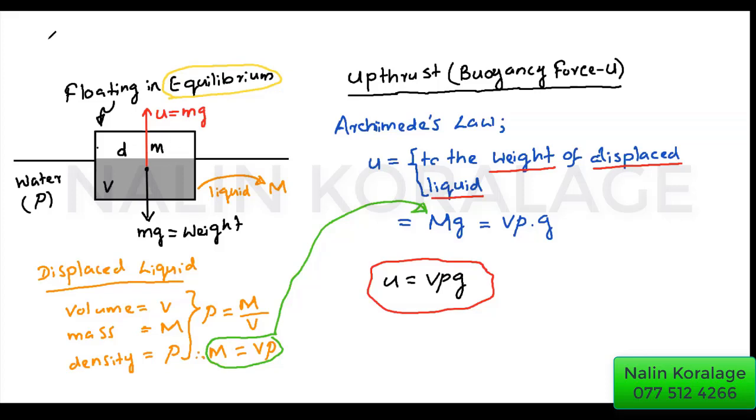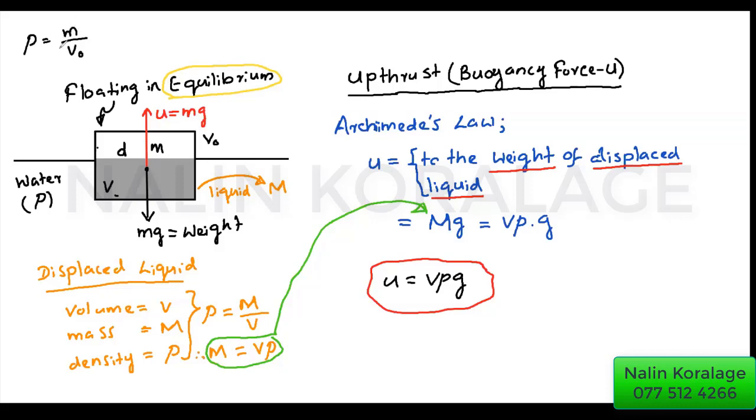If we take the density of the object, rho is equal to the mass of the object m over the entire volume of the object, let's say V naught, meaning V object.